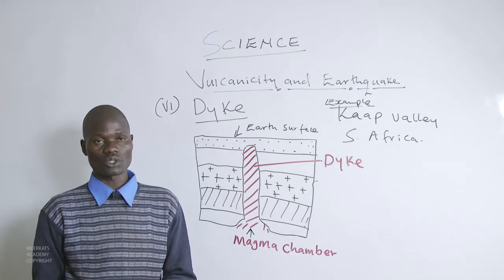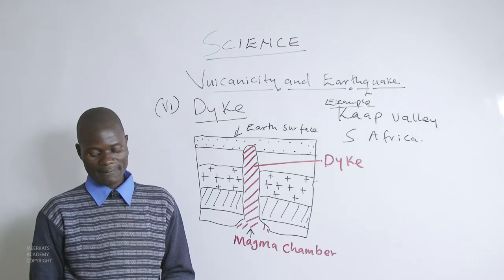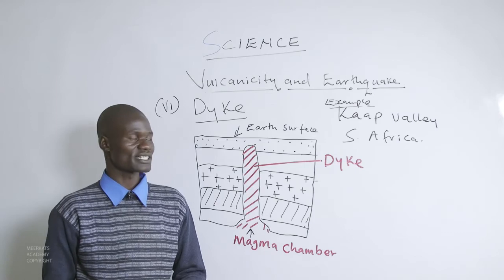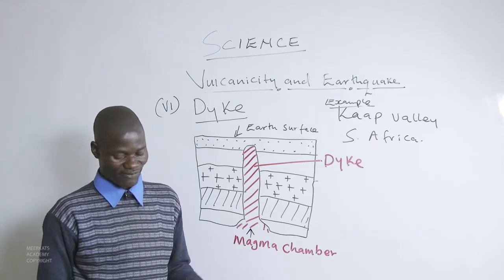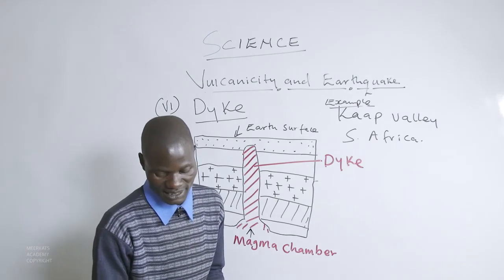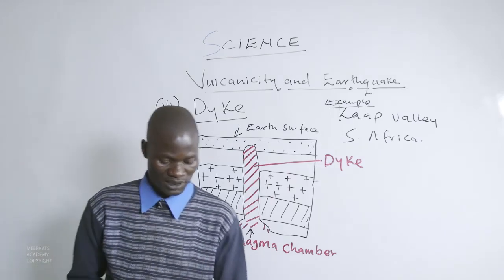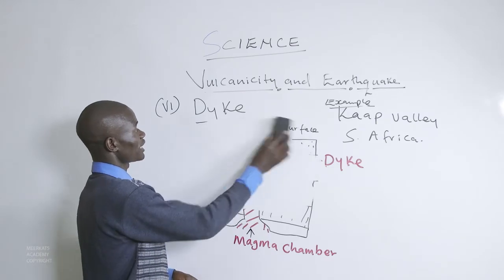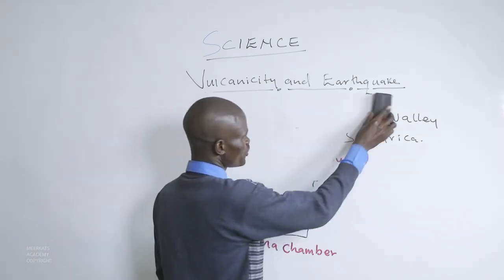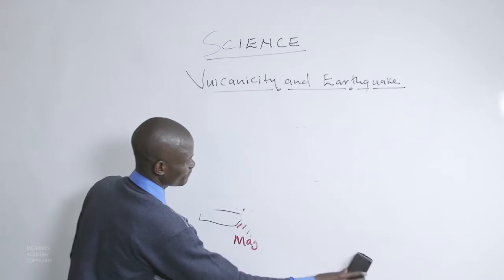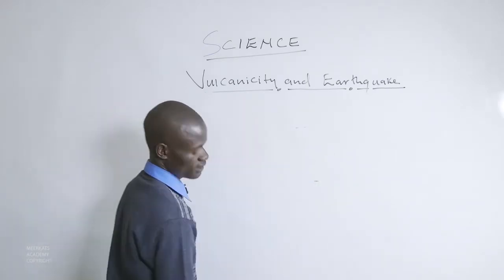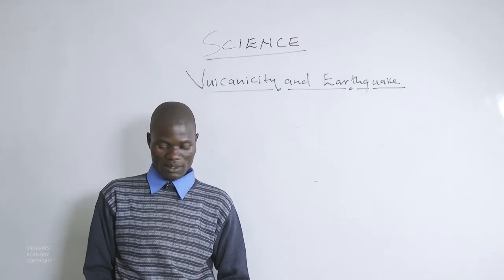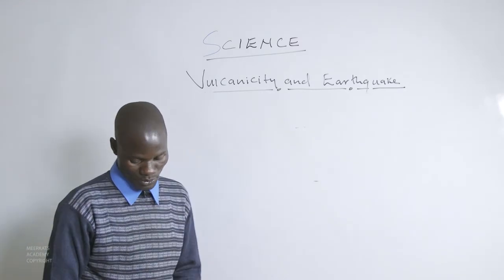We also have the Phacolith, and then sills and dikes. I would like to summarize it in a huge diagram that will summarize all the features and also let us look at the formation of other features that may result from volcanicity.